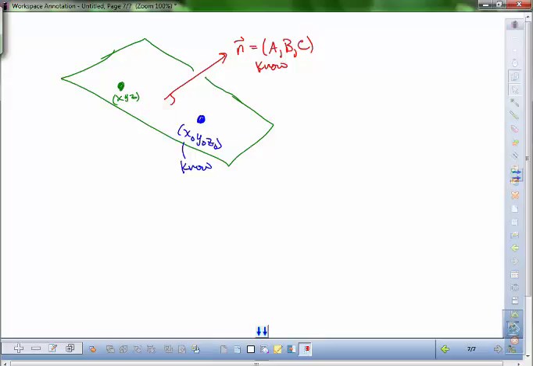As long as they're on the parabola, then we know that they're on the parabola. Yeah? Don't we need to know if the plane is an xy plane or a yz plane or whatever? Well, that's the thing, it doesn't have to be. Because if this normal vector is not going straight up, the vector's going like this. Here's the plane, and the vector's coming out of it like that? Mm-hmm.